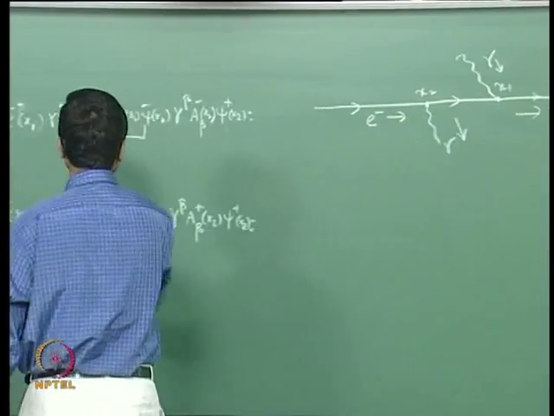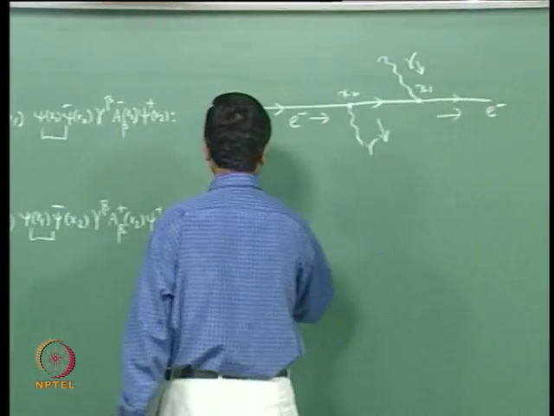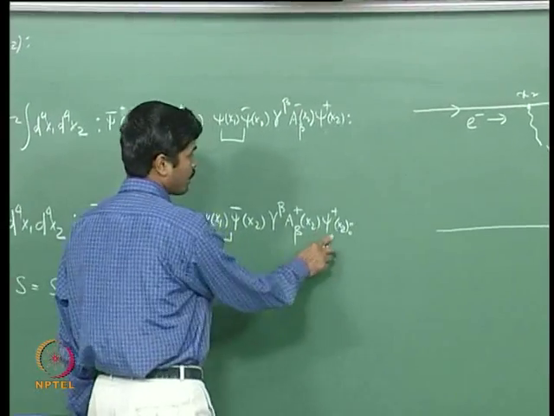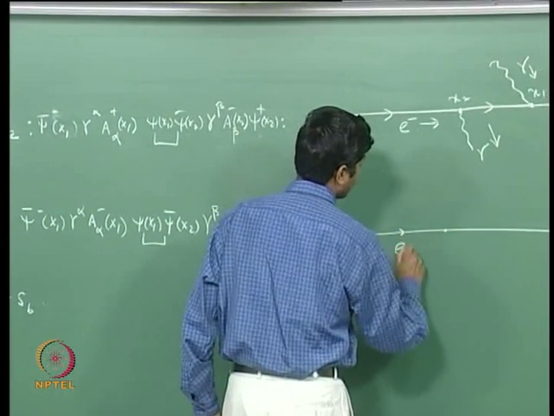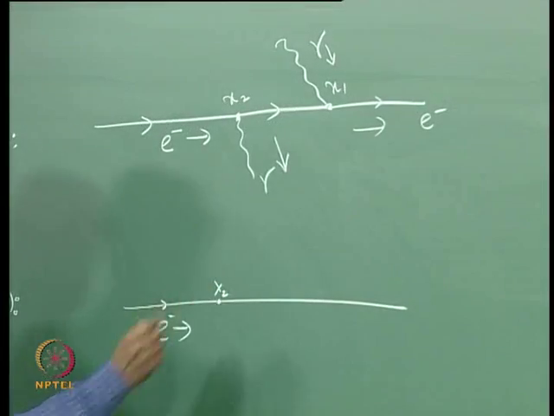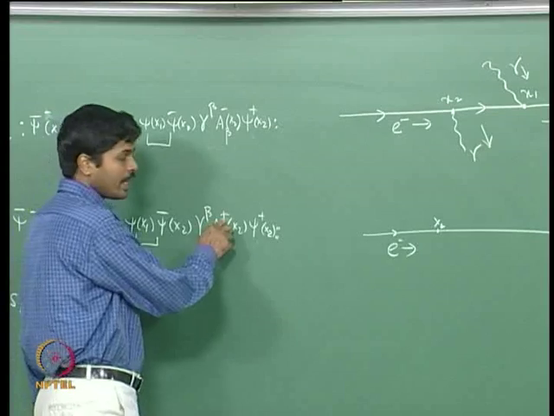What about this term here? So this term again says that you have psi plus of x2, which means that there is an incoming electron which is annihilated at x2, and then A plus of x2.